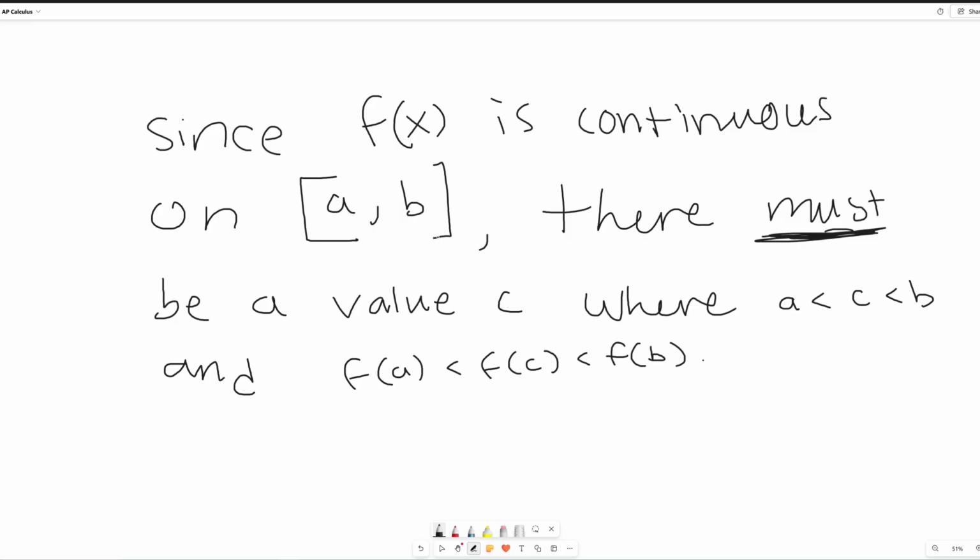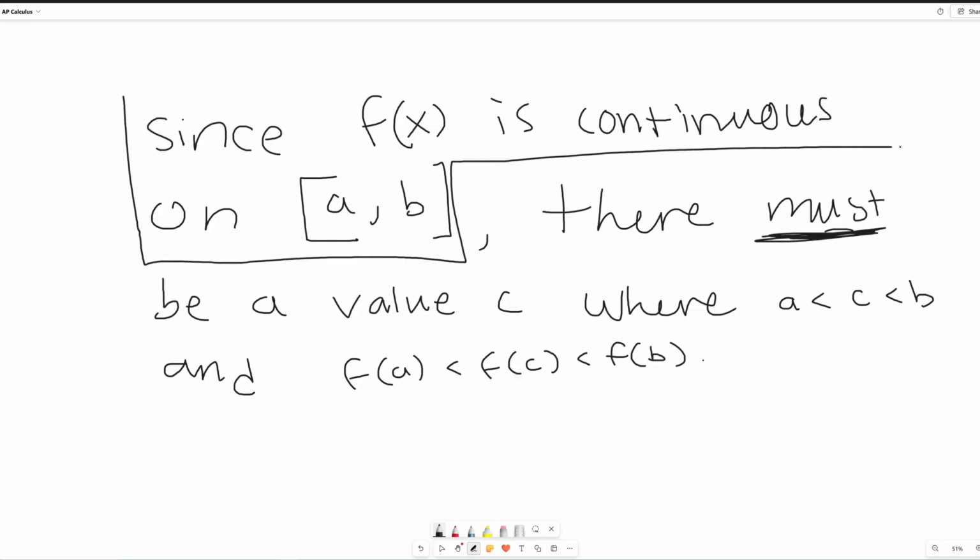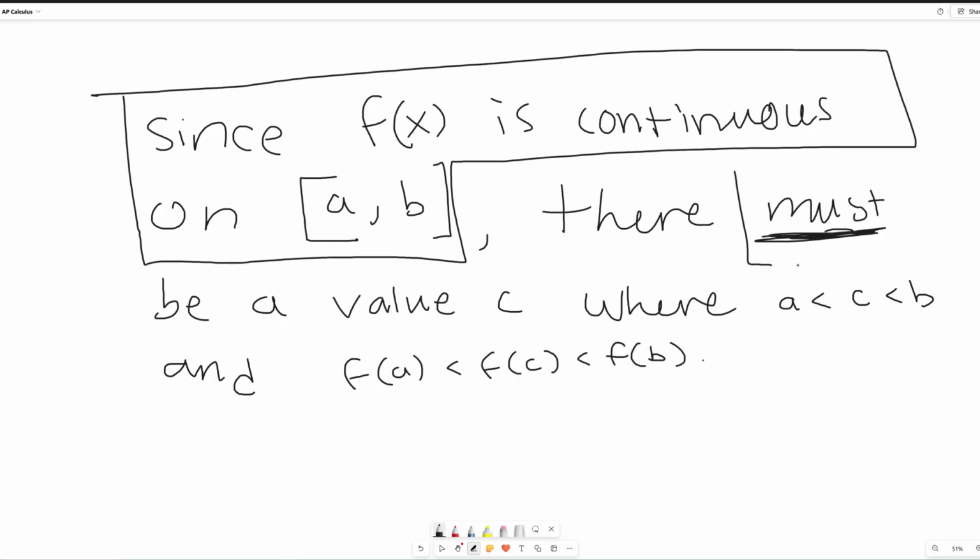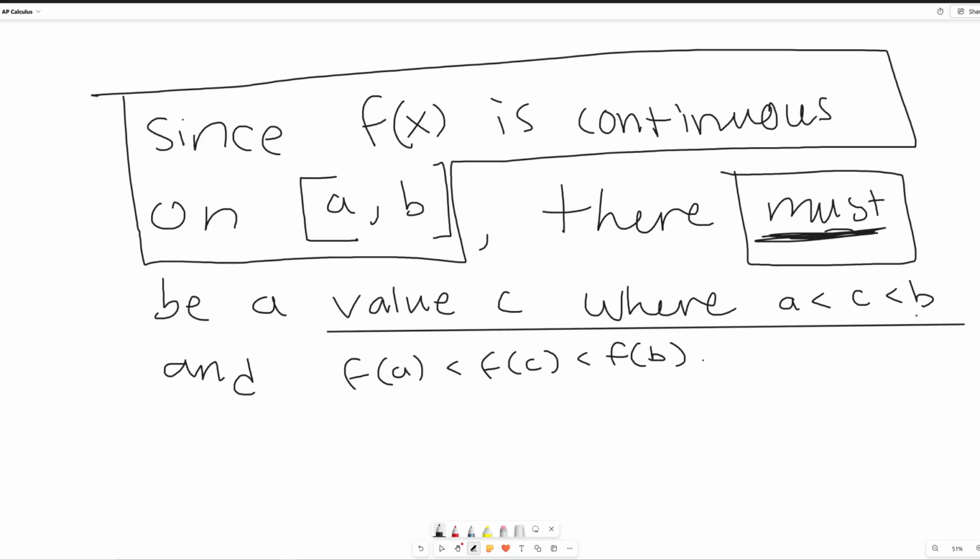You can plug in the values for the FRQ if it says it's between 1 and 5, 2 and 8, whatever it is. You write it like this, you will get full credit. Or if you write it any way that includes these main parts: continuous on a to b, the word must be, and then in some capacity you say the x values are between the interval, and the y values are between the first and last y value of the interval.